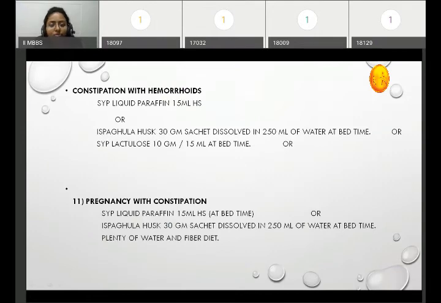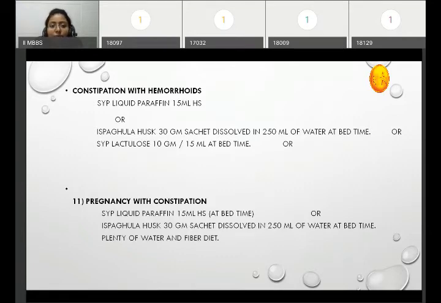Then the next question can be constipation with hemorrhoids. In such cases, you cannot give purgatives. Okay. Mostly liquid paraffin is preferred because it acts as a lubricant. It will help to decrease the stimulation of the hemorrhoids and decrease bleeding in these patients.